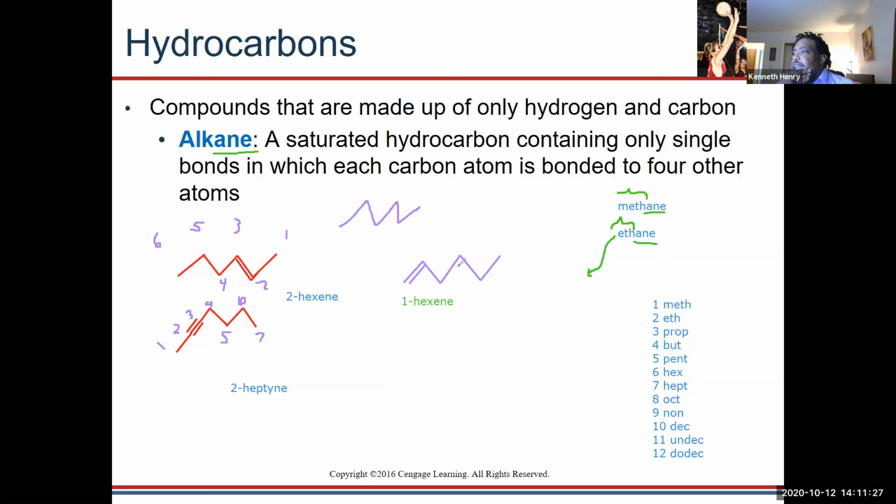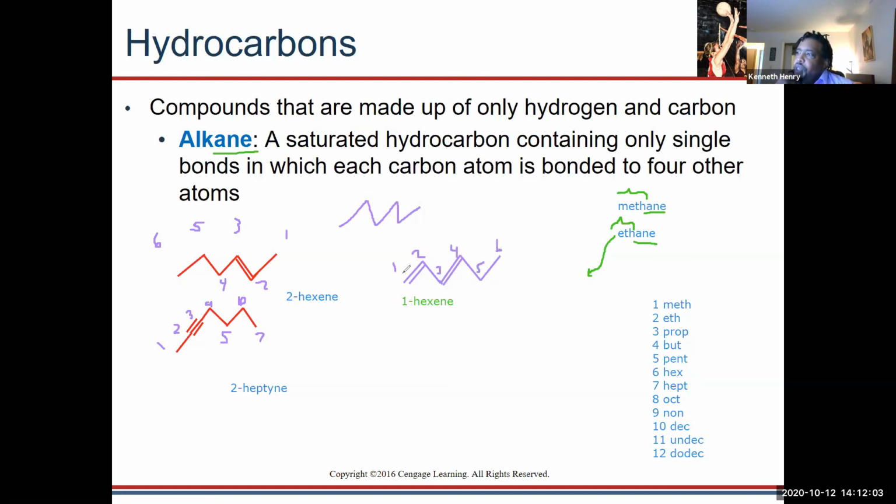Okay, so let's say we have two double bonds here. So the way that we handle 2 double bonds, count again, always starting with the lowest one if you can get it. 1, 2, 3, 4, 5, 6.